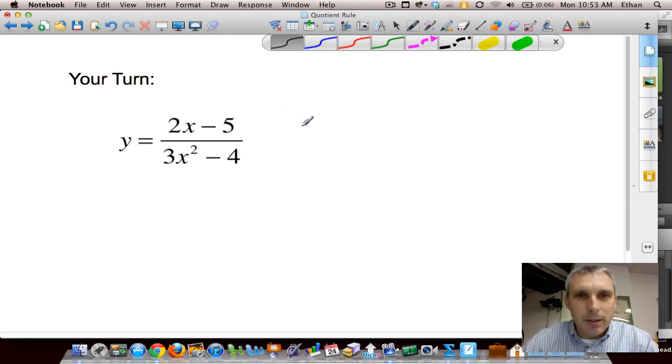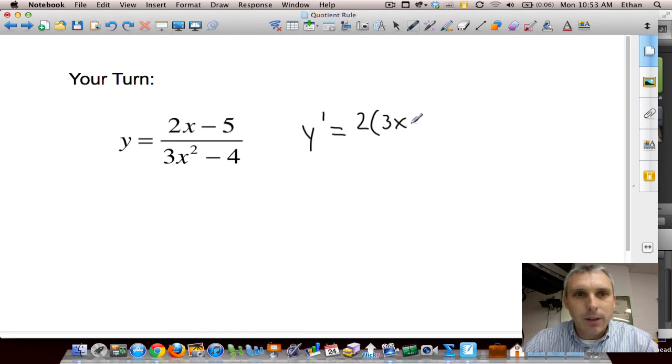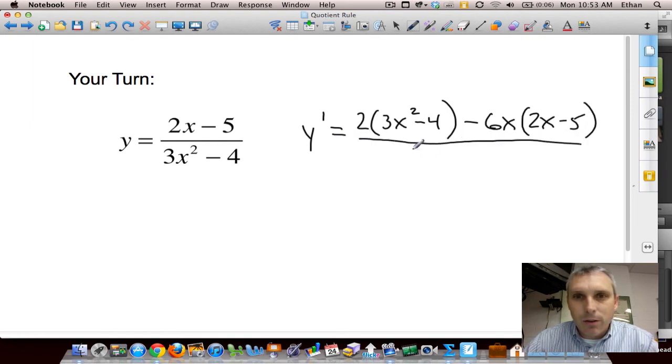Alright, so you unpaused. You tried it. It should look like this. 2 times 3x squared minus 6x, 2x minus 5, over 3x squared minus 4 squared.